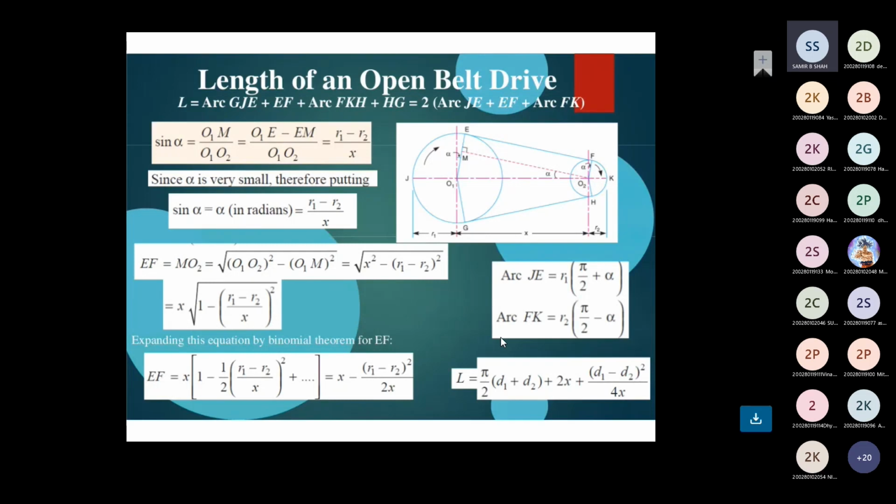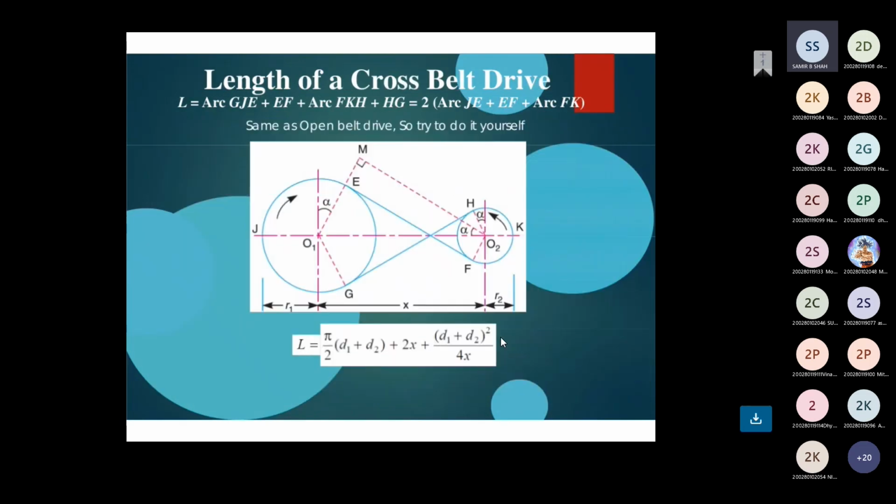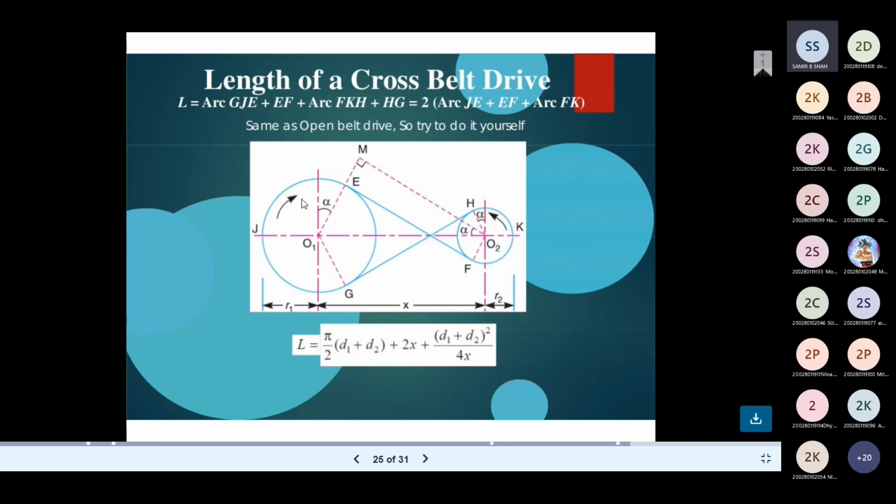Actually, there is a minor difference between the length of open belt drive and the length of cross belt drive. If I show the figure, you can just see it. In open belt drive, the belt does not cross, it is parallel with the axis, while here it crosses with the pulley.